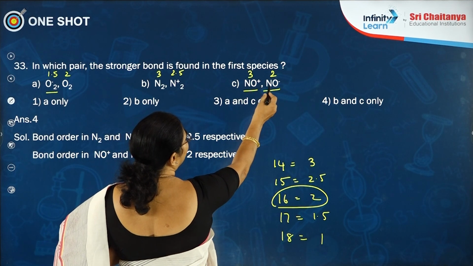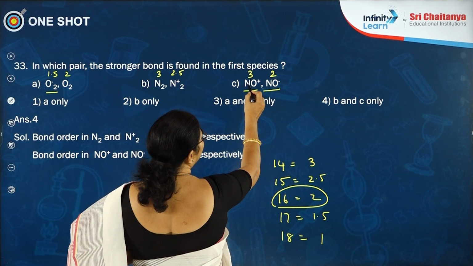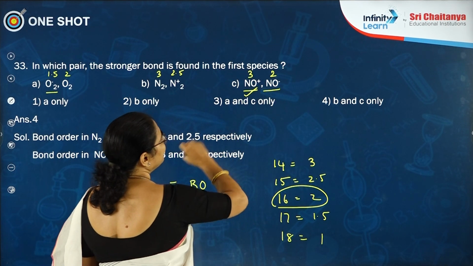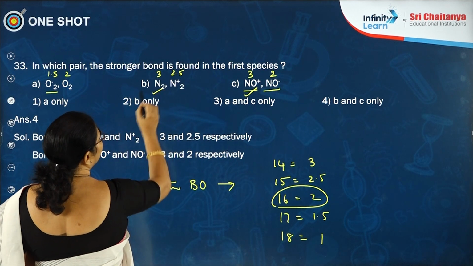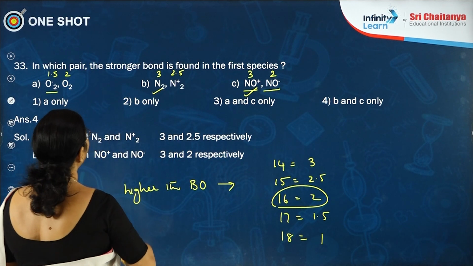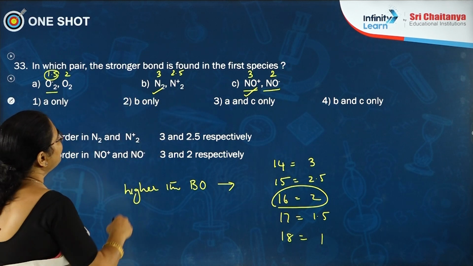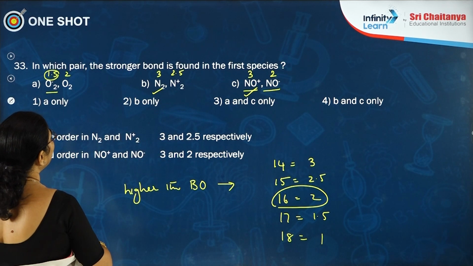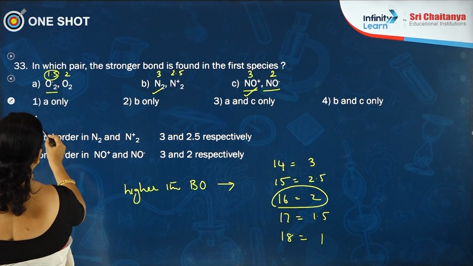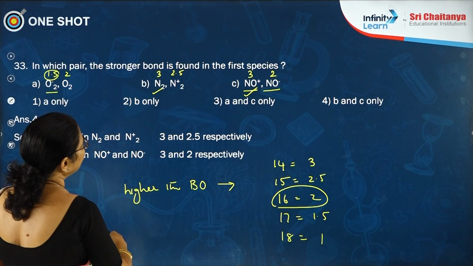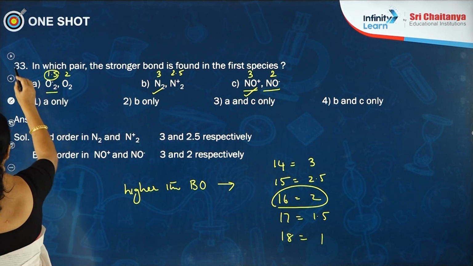Wherever bond order is greater, in this case the first one has greater bond order than the second. Here the first one has less bond order. The question asks for the stronger bond, meaning higher bond order: B and C. So the answer is B and C, the fourth option.